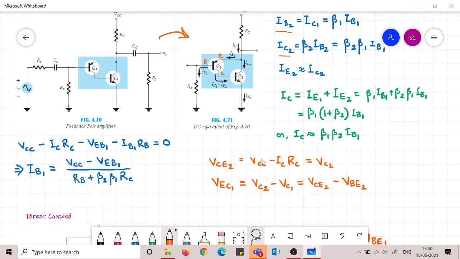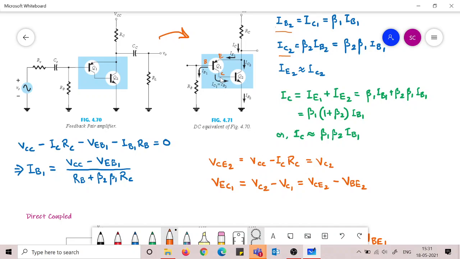And what else? We can calculate VCE2 and VEC1. VCE2 is simply VCC minus IC RC, that is also VC2. And VEC1 is VC2 minus VC1.